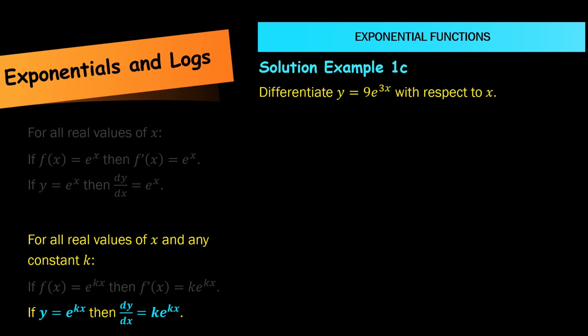Now let's solve example 1c. We are required to differentiate y equals 9e to the power 3x with respect to x. Here we have a constant as well at the front, so we leave 9 as it is. However, k itself is equal to 3.